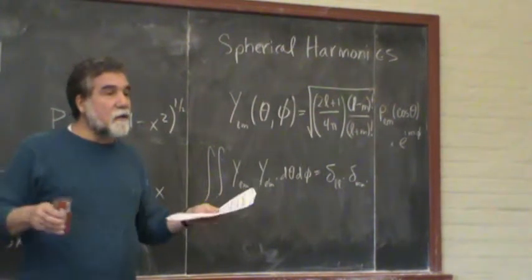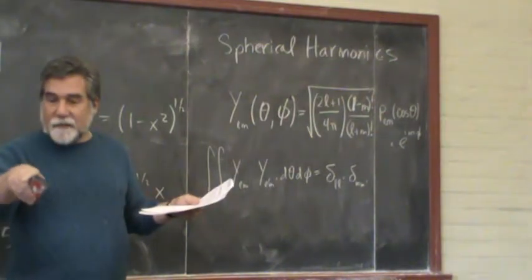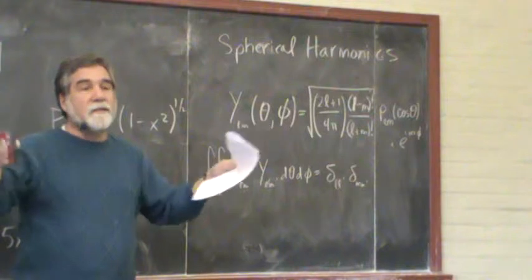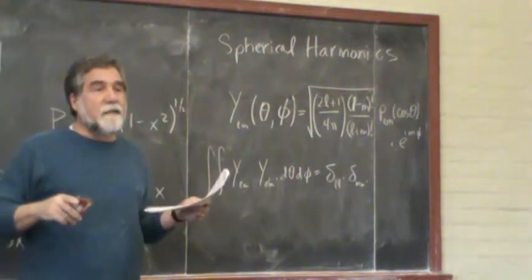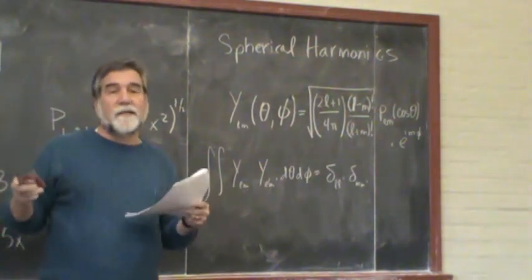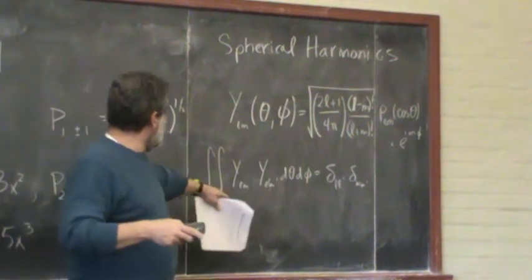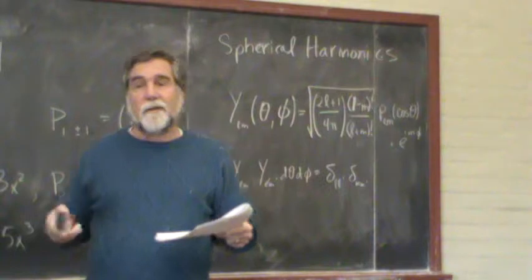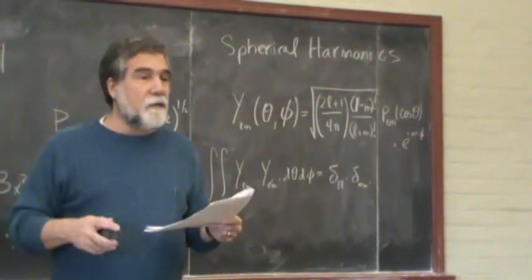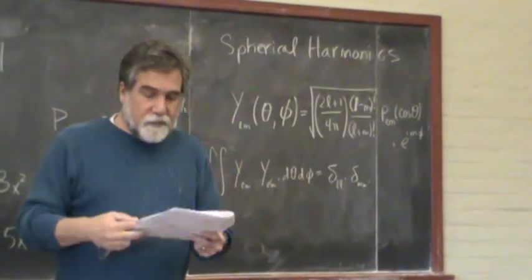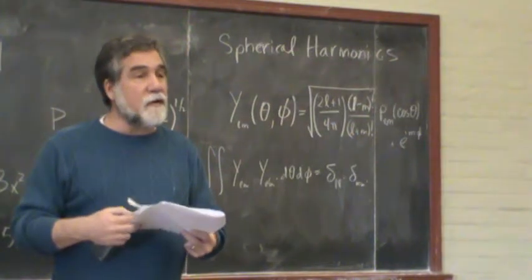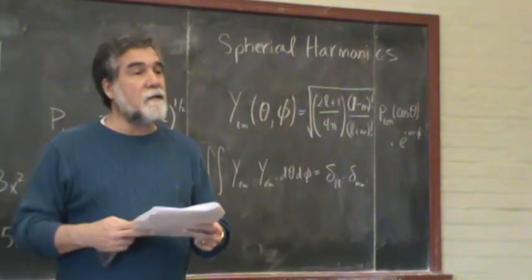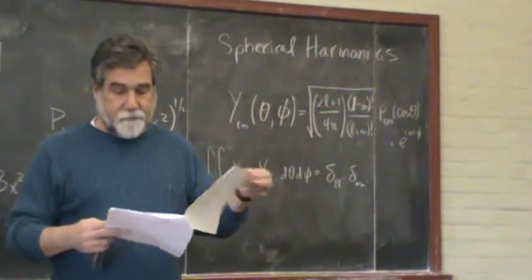You can just look and say, oh, that's the cosine 2 pi form. There's cosine 2 pi over there. Those are the same. Done. That's the only one that's not 0 that you have. You just look to see when you've got L prime and M prime the same as L and M, for example. So if you know the form of the spherical harmonics, then you can look at your boundary conditions and see if they look like your spherical harmonics.